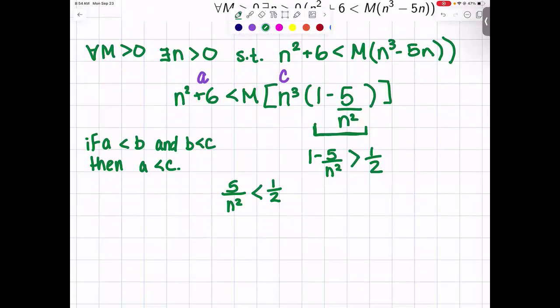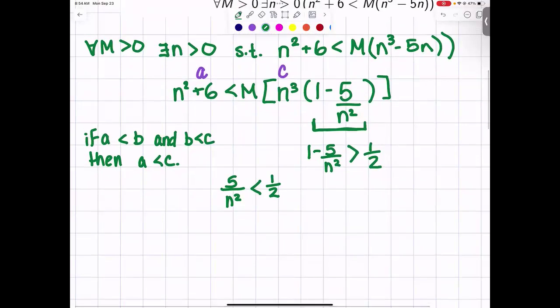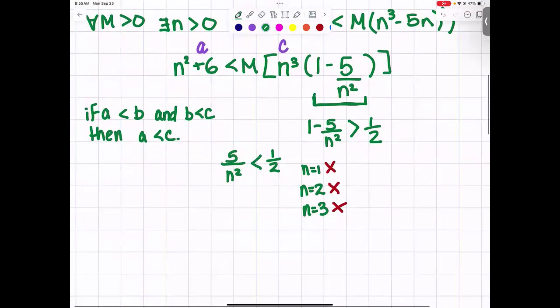We can do this a couple of different ways, but one of the easiest ways is just to guess and check. If n equals 1, we're going to get 5 over 1, which isn't going to be good. If n equals 2, we're going to get 5 over 4, and that's not going to be good. If n equals 3, we're going to get 5 over 9, which is closer, but 5 over 9 is still not less than 1/2.